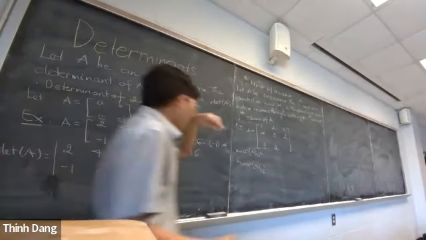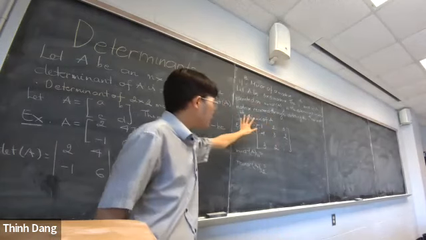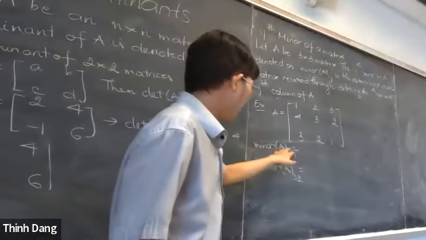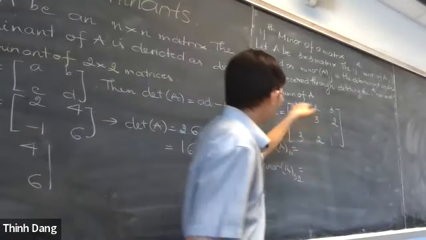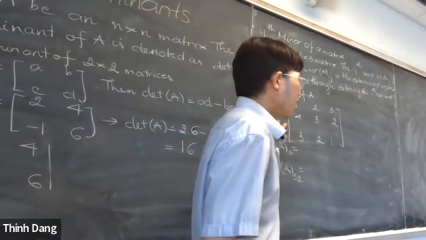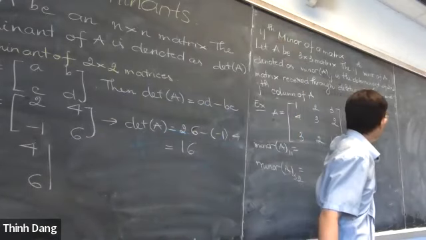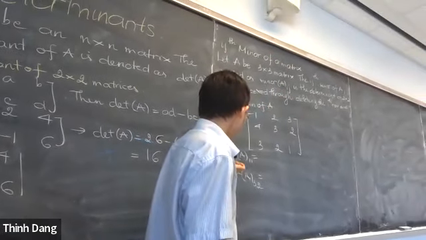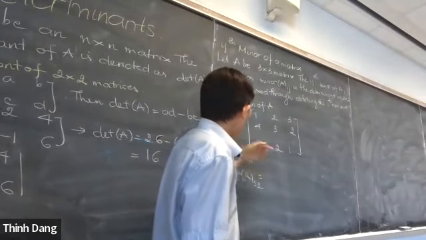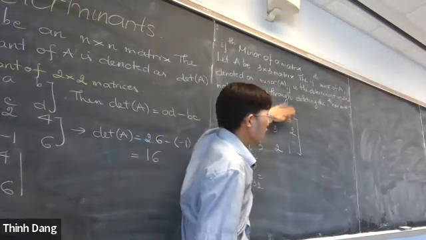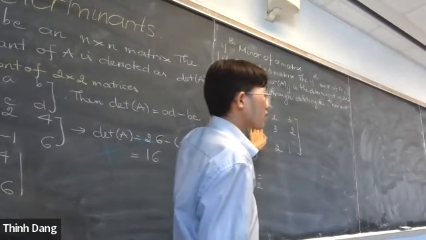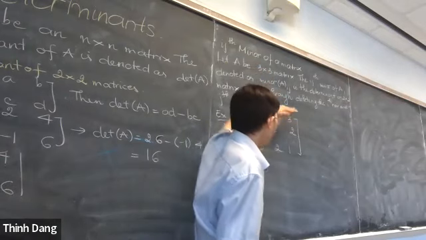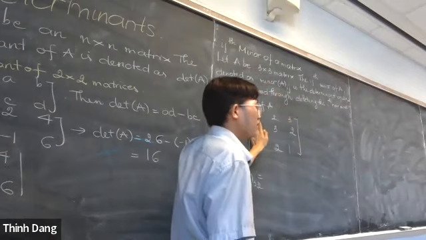According to the definition, in order to determine the value of the minor Aij, you start with the matrix A, and then delete the i-th row and the j-th column. For example, to calculate the minor A11, I delete the first row and the first column.